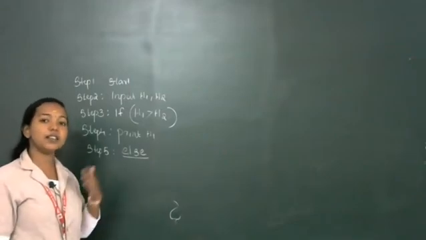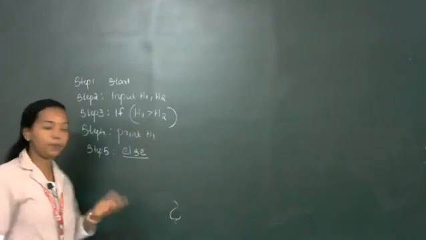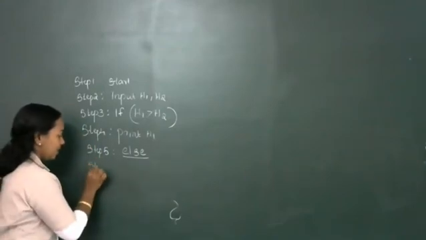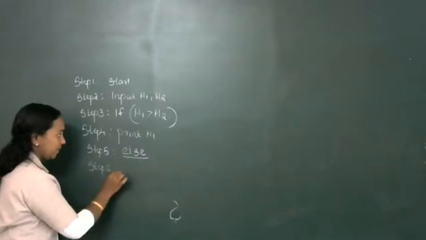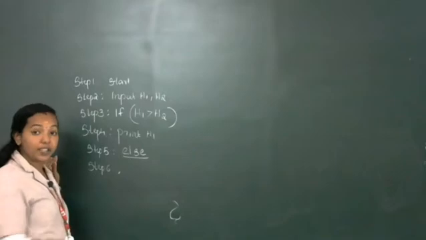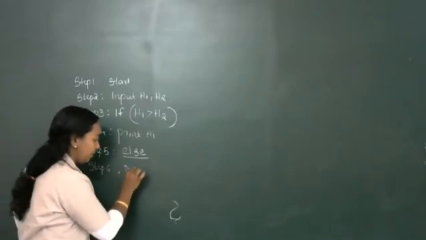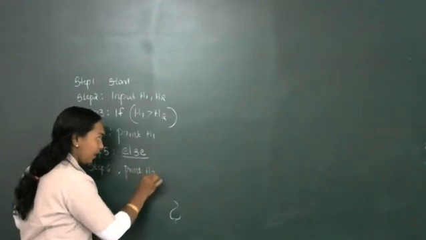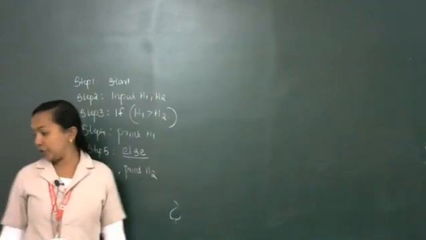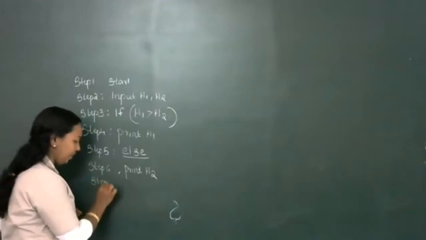If the condition is false, what will be the statement? Step 6. H1 is not greater than H2, it is smaller than H2. So what will be the next statement? Print H2. H2 is taller.